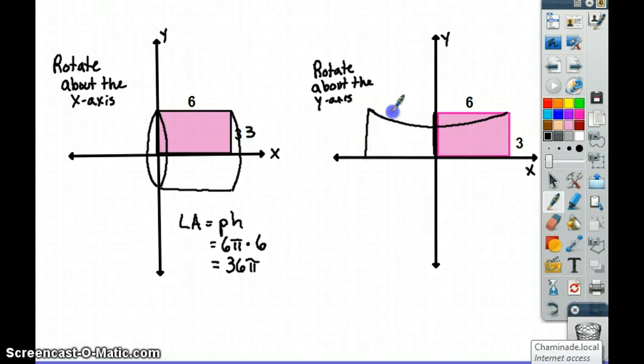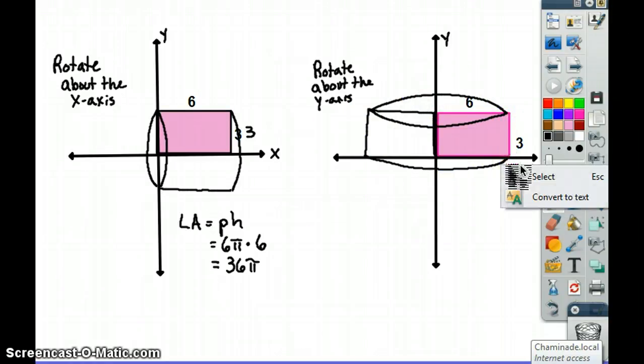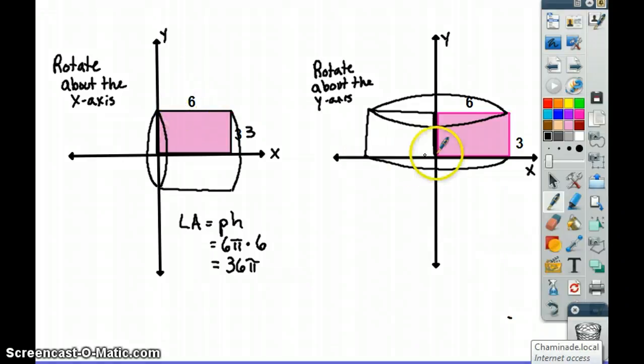So we end up with a rectangle here, and then it spins back around, giving us once again this cylindrical shape. But this time, notice the cylinder is much wider than it was before. And where the height over here for the first one was 6, the height on this new cylinder is just 3. So let's see how that affects the lateral area.